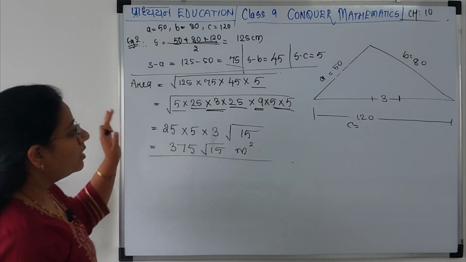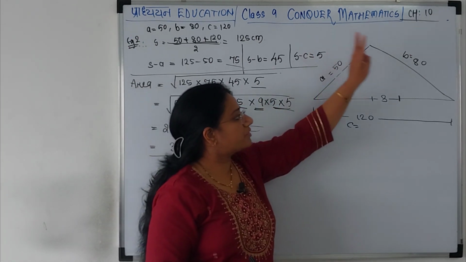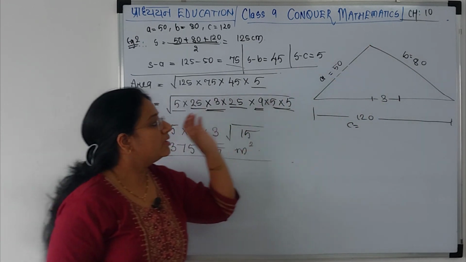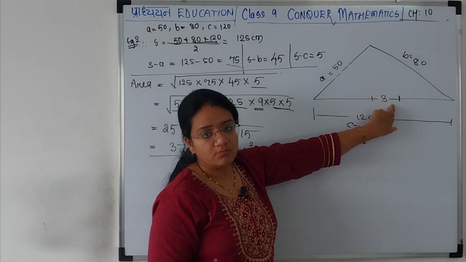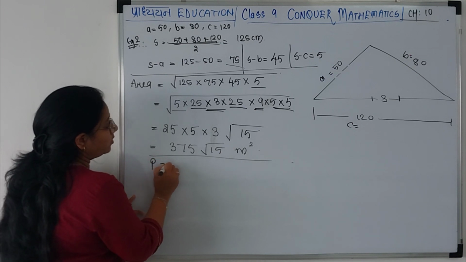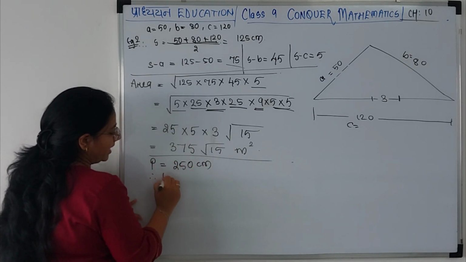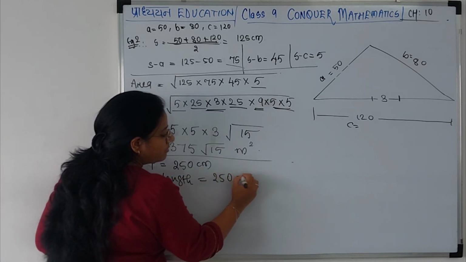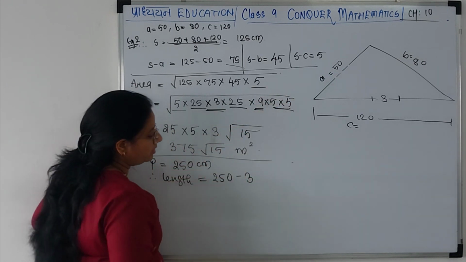Okay. Now the next question is, what is the cost of fencing this garden using barbed wire, if you have to leave a space of 3 meters for the gate? So what you will do is, perimeter will be equal to what? 250. Therefore, length of wire required will be equal to 250 minus 3, that is the length of the gate that is to be left open.